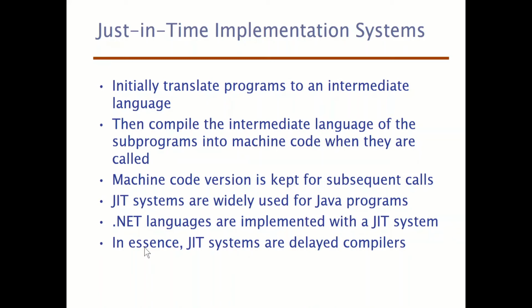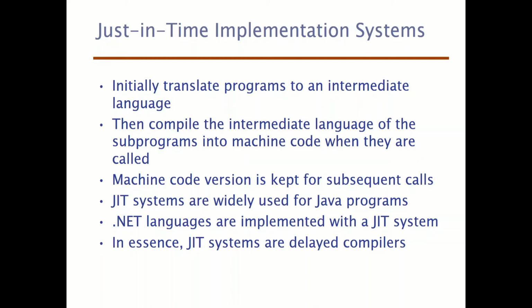It's also used for the 5 .NET languages. When we speak about them, we have C++ and C#, we have F#, we have Visual Basic, and we have also the scripting JavaScript, or actually the Microsoft version of JavaScript.